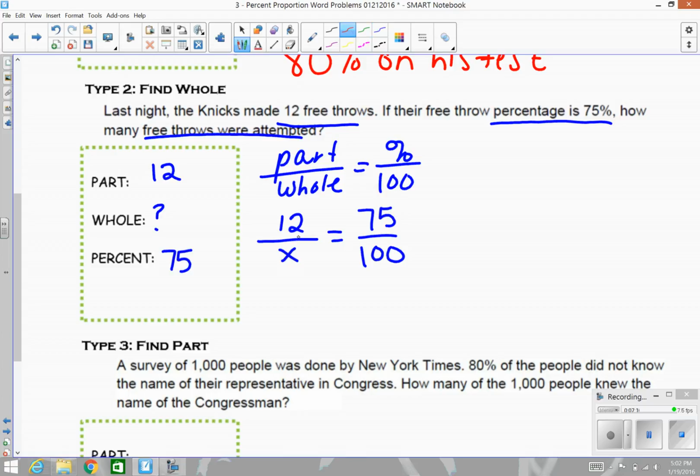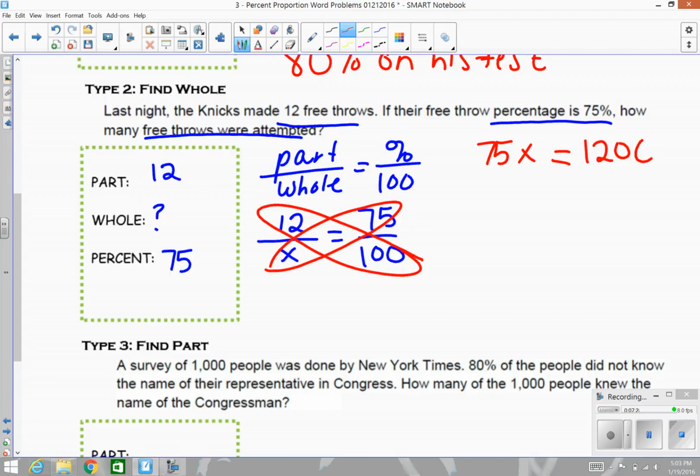So we cross multiply. 75 times x is 75x. Set it equal to 12 times 100 is 1,200. Draw your river and divide both sides by 75.